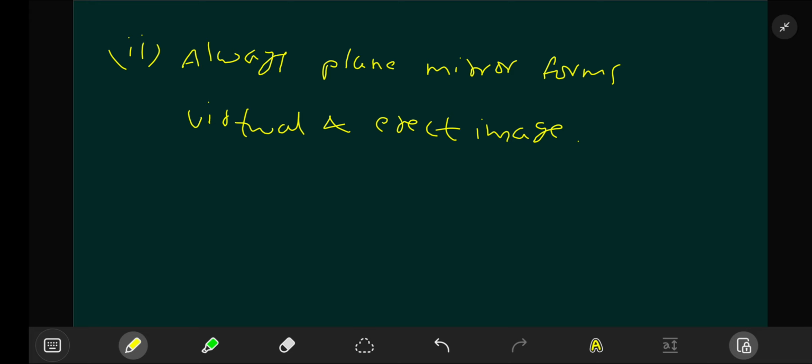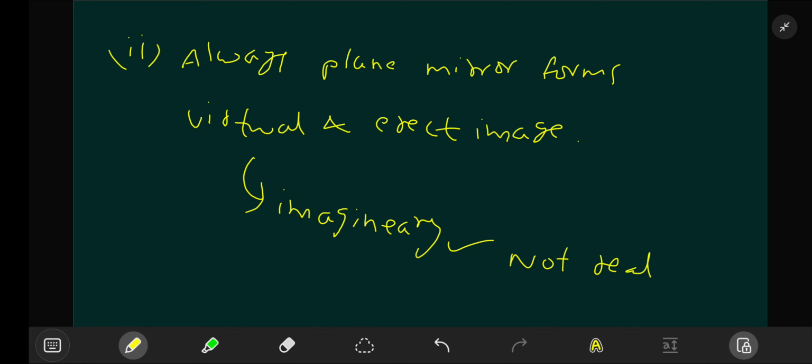Virtual means not real, imaginary. When we look into the plane mirror, the image that is formed is imaginary, not real. That is a virtual image, an imaginary image.